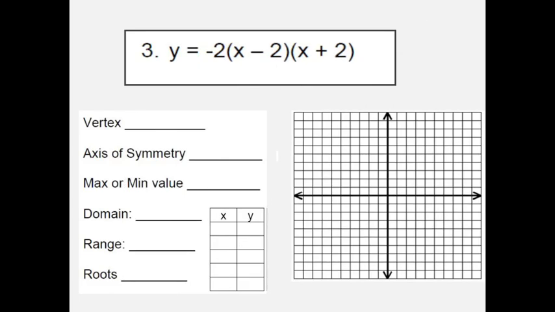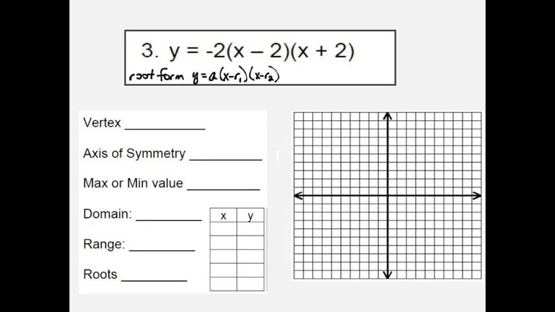Alright, so now lastly we're going to go to root form. And if you remember, root form, the formula, I'm going to write it on here, is y equals a(x minus root 1)(x minus root 2).